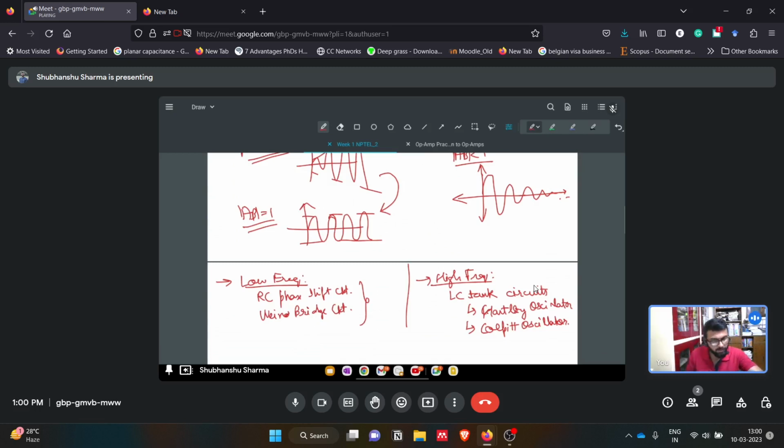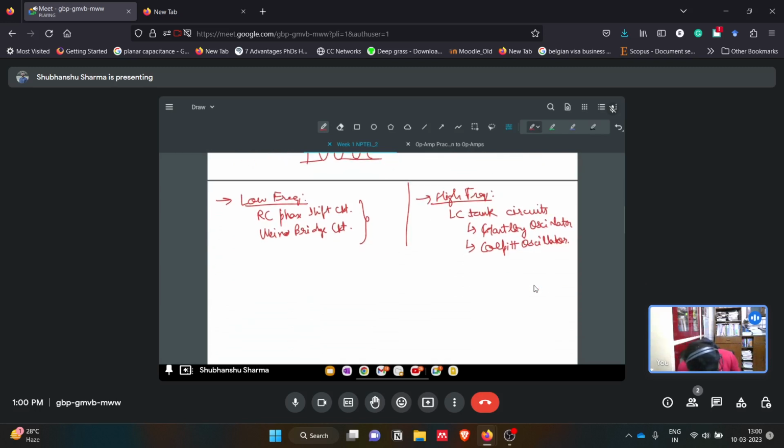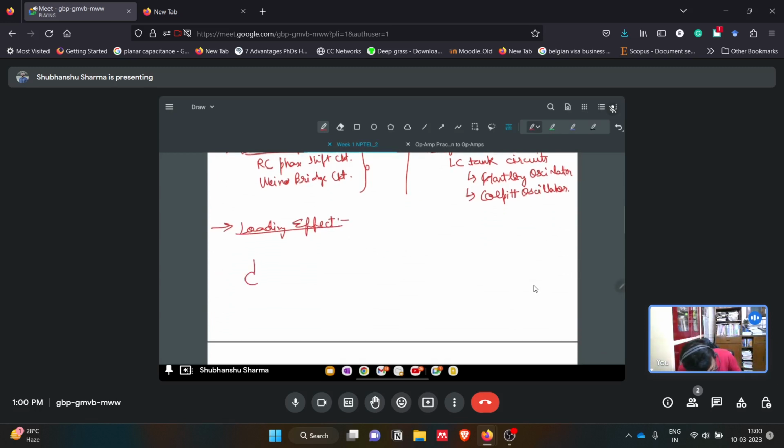Then at the end of this week, week one, we also talked about the loading effect. We did some experiments showing the loading effect. For that, we considered one voltage divider circuit.